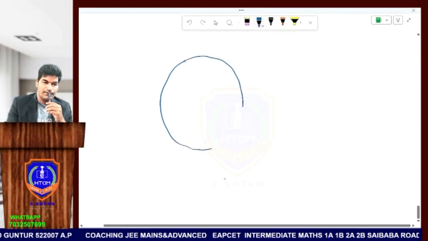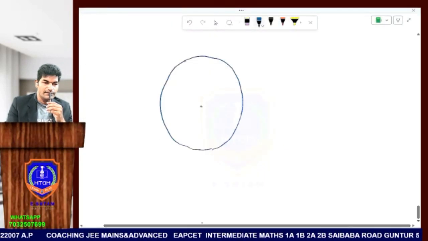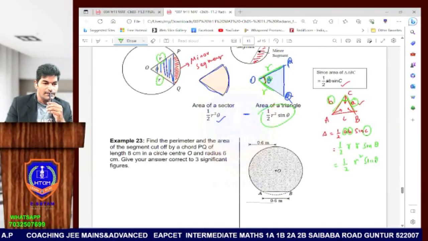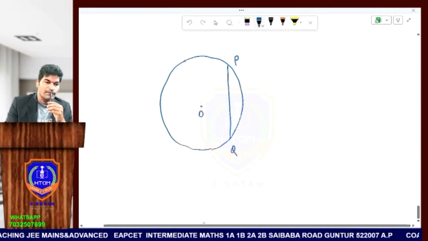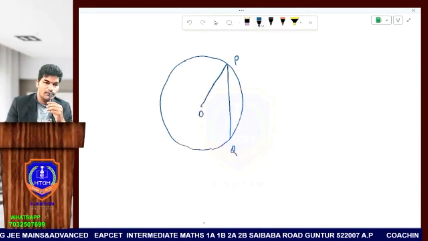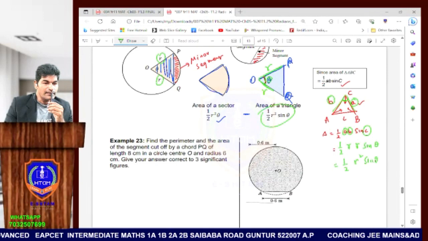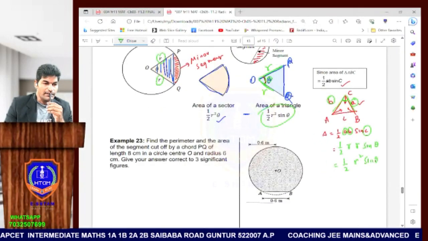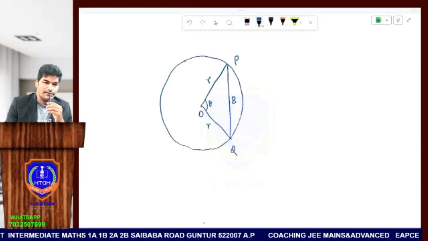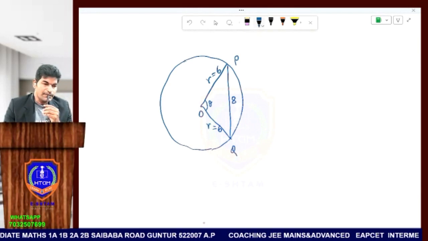There is a circle with its center at the origin O. The segment is the part cut off by PQ. Say this is P and this is Q. Join OP and OQ, which are radii, with angle theta between them. The length of PQ is given as 8 centimeters, and the radius is 6 centimeters.